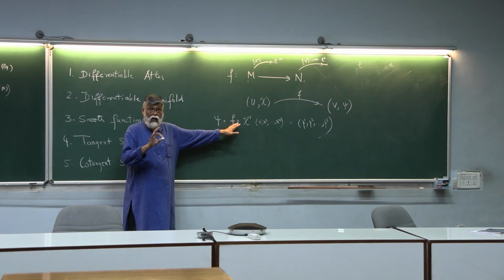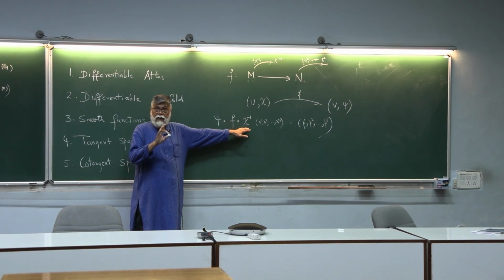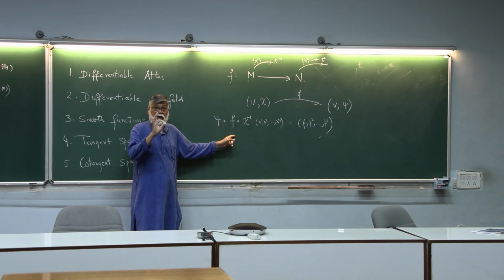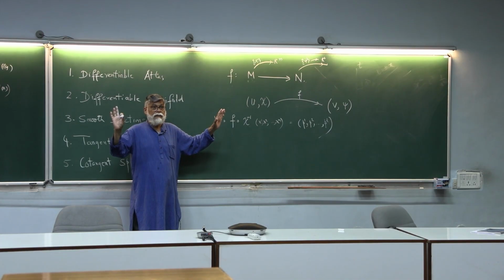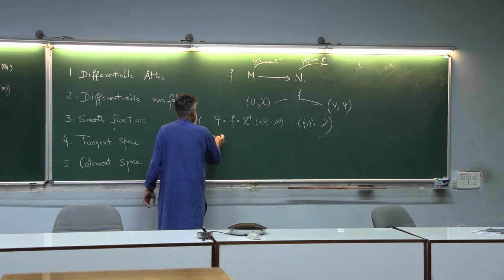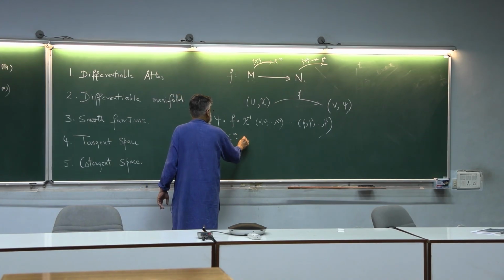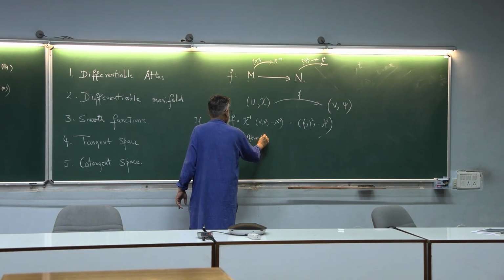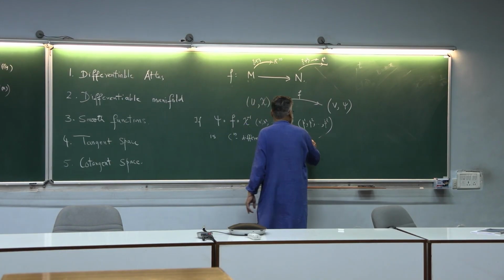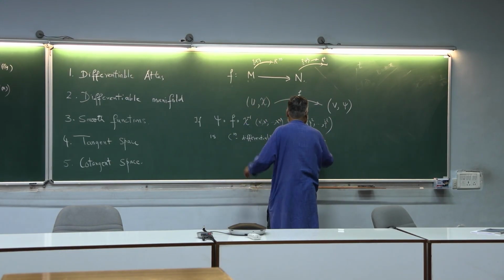Now this is a function of n variables taking us to L real numbers. If this function is infinitely differentiable, that means C infinity differentiable, then f is smooth, or C infinity smooth.